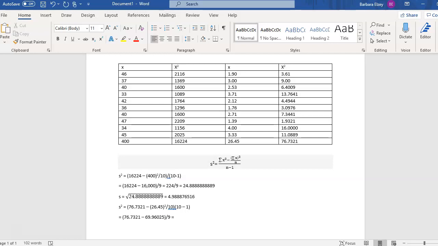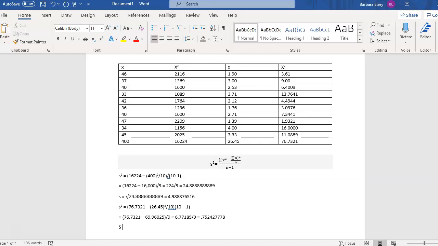I need to finish that subtraction on the top. That gives me 6.77185 divided by 9. And finally, that last division, we get 0.7524277778. All right, now that is our variance.